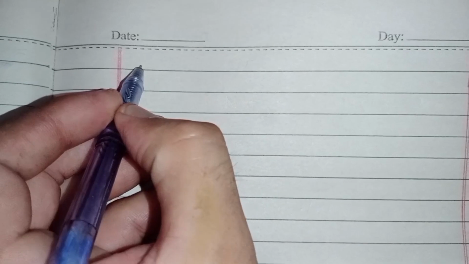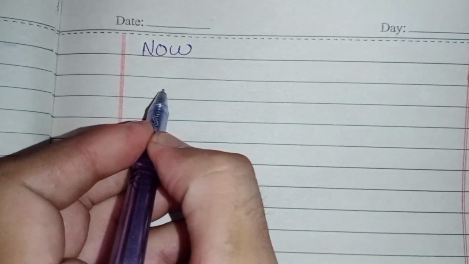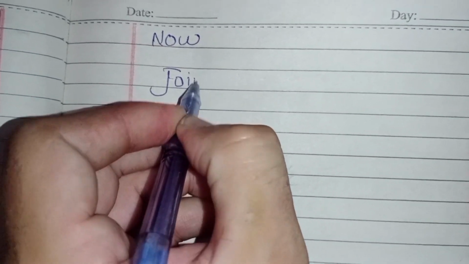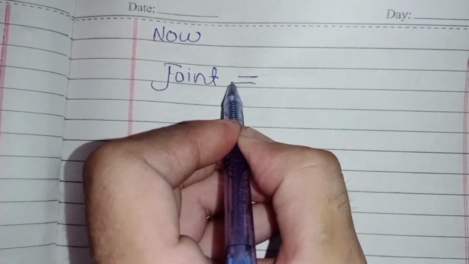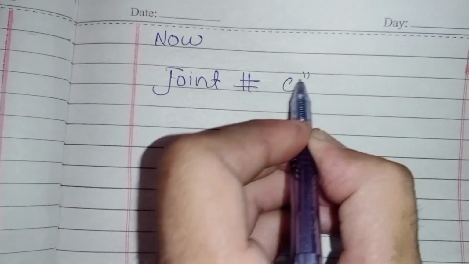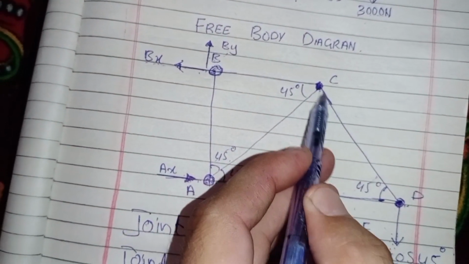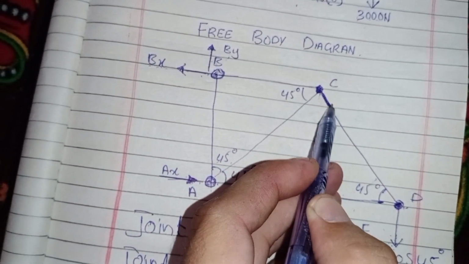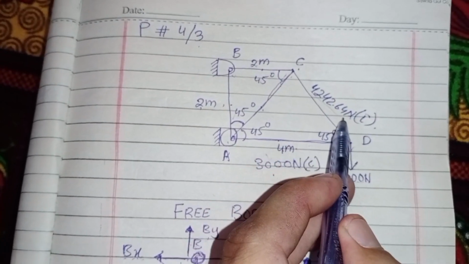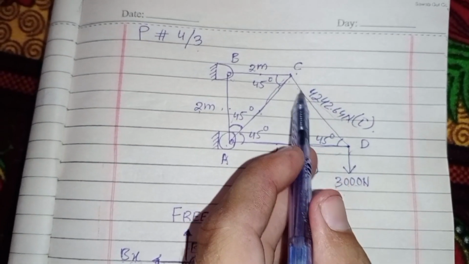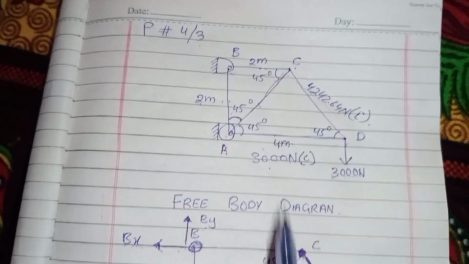So now I take joint C to find the remaining forces of the members. Okay, there is minimum one known force, this is known, and these two are unknown.